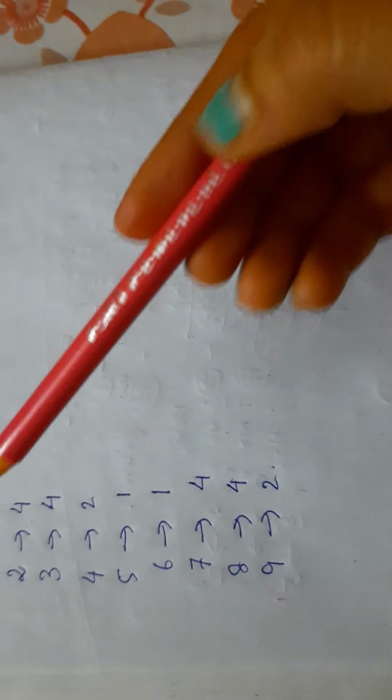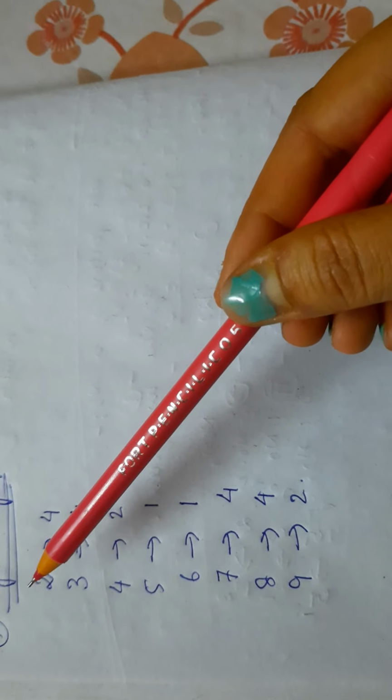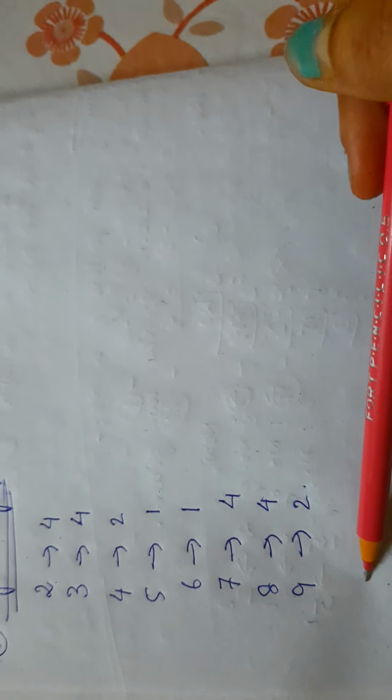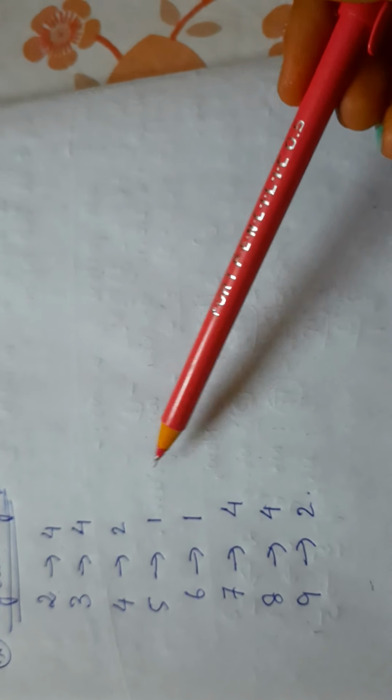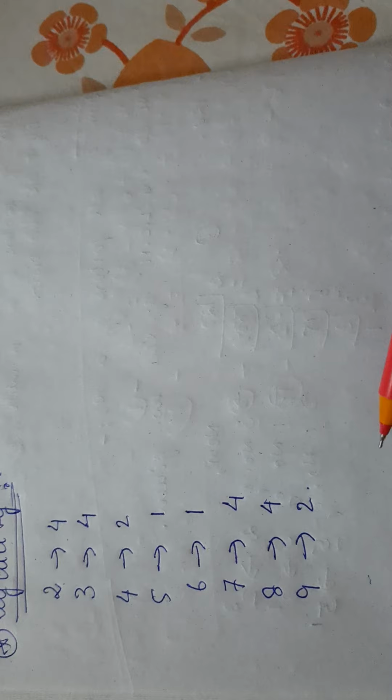So for 2 to 9, the cyclicity is 4, 4, 2, 1, 1, 4, 4, 2. It is a very easy chart. You can easily memorize it, and if you do, it will be very helpful.